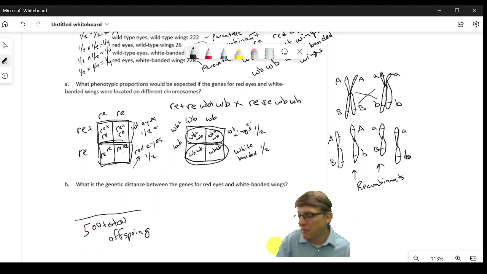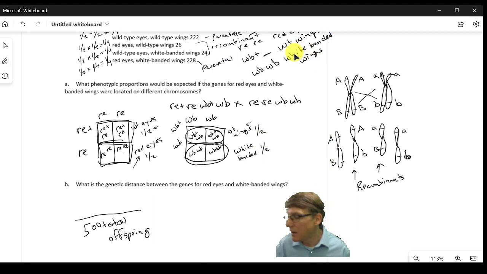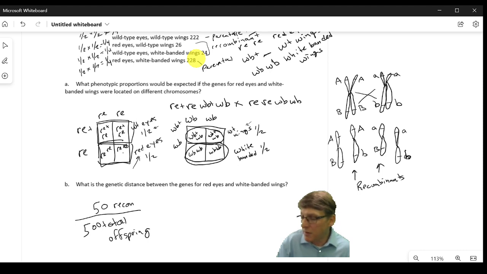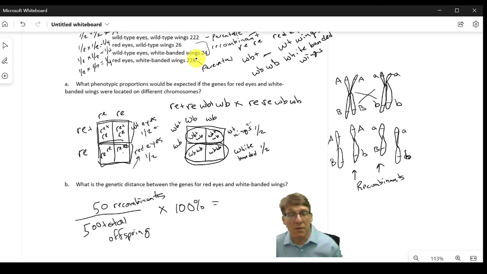Okay, we're going to divide that by the recombinants: 26 plus 24 gives us 50 recombinants. And then we multiply that by 100%. So 50 divided by 500 gives us 0.1.